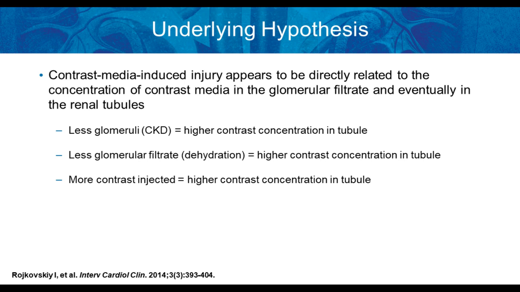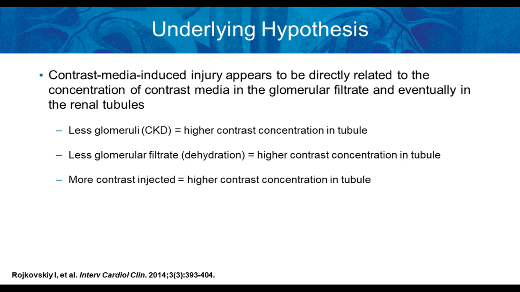It sort of makes sense. If you expose an animal, a bacteria, or a cell to a toxin, the more toxin it's exposed to, the more likely it is to suffer injury from the toxin. So let's look at what this means in practical terms. If you have a patient that has chronic kidney disease, that patient has a smaller number of nephrons.